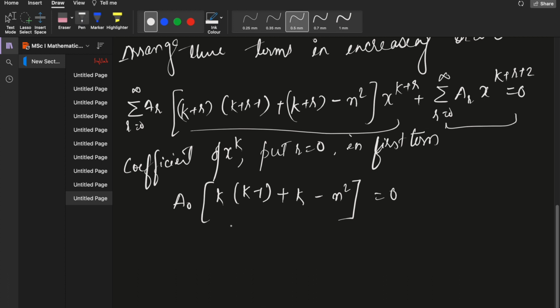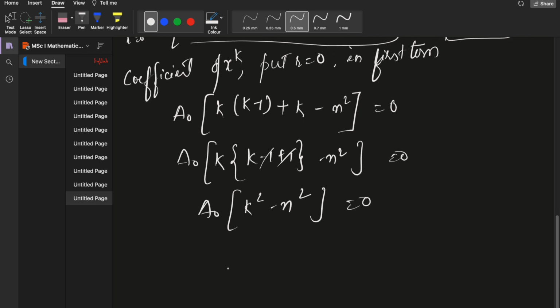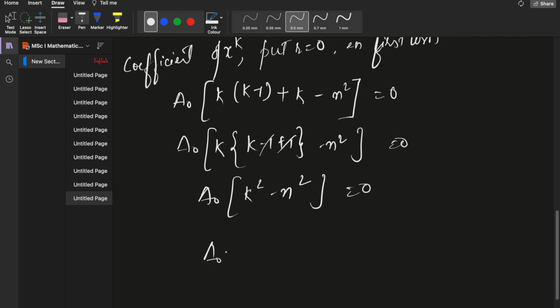So this will give me a0, k is common, so the left quantity must be k minus 1 plus 1 minus n square equals to 0. This cancels out. So we have a0 times k square minus n square equals to 0. So I can write this as a0 (k plus n)(k minus n) equals to 0.